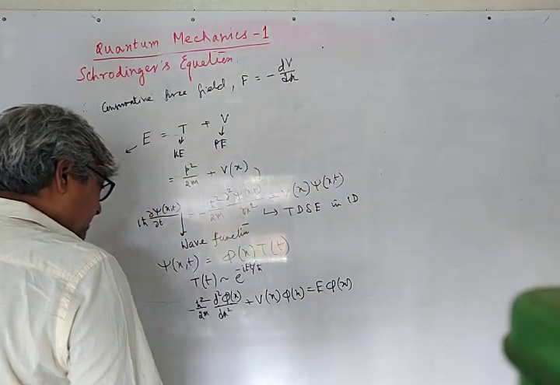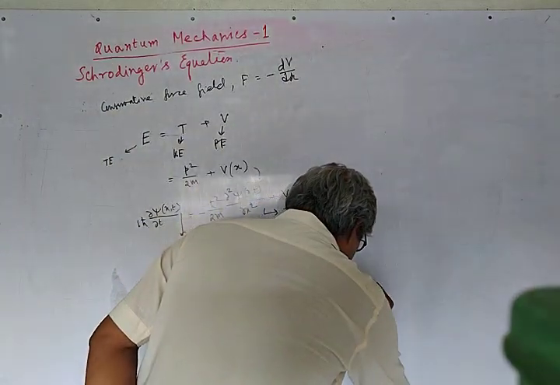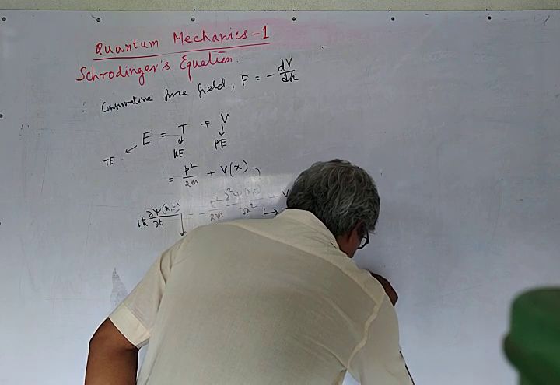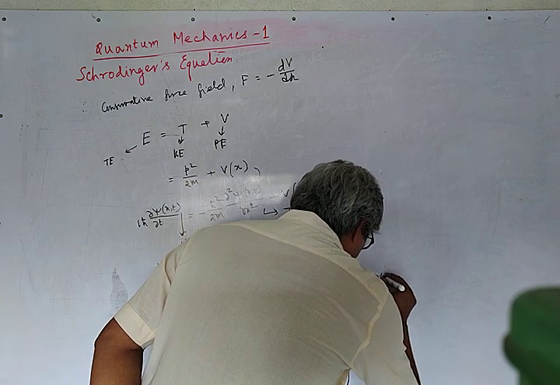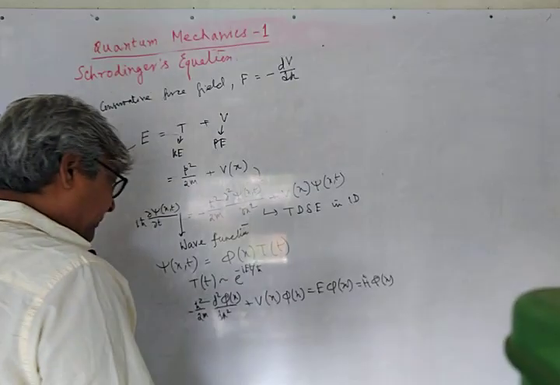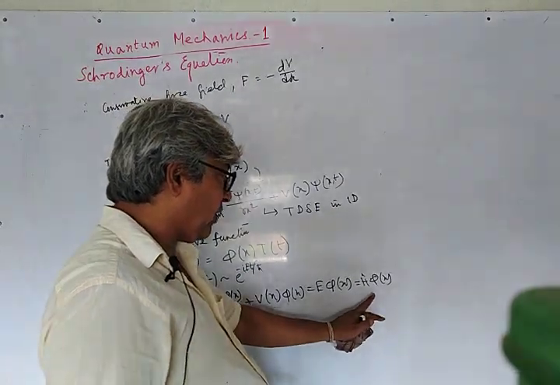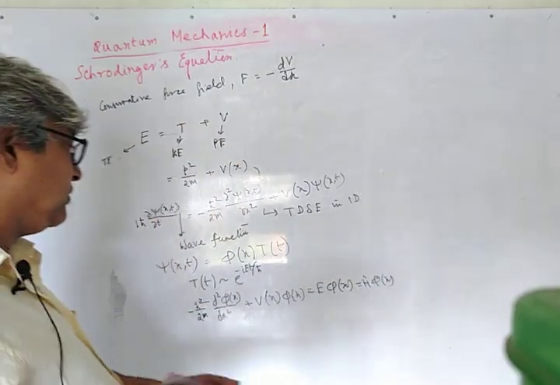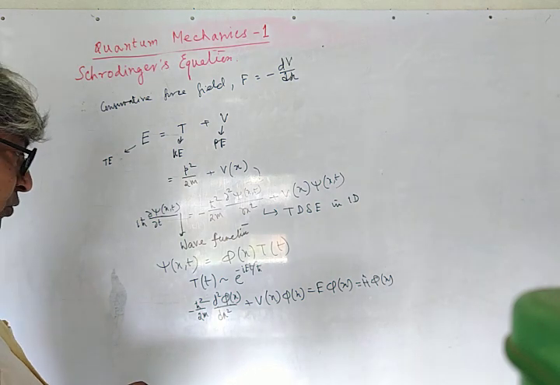This may be looked upon as an eigenvalue equation of the Hamiltonian operator. The Hamiltonian operator of a conservative system basically turns out to be the kinetic energy plus potential energy.